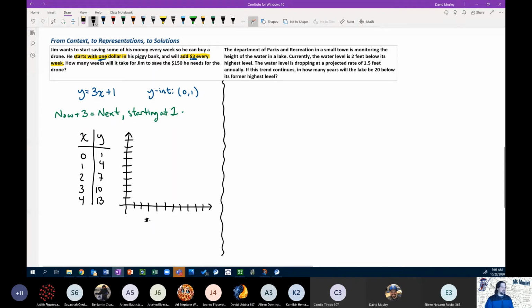So we can have this be the number of weeks, and that's going to be money saved. Our graph here isn't going to show enough for us to solve the equation, but we definitely have the line started.